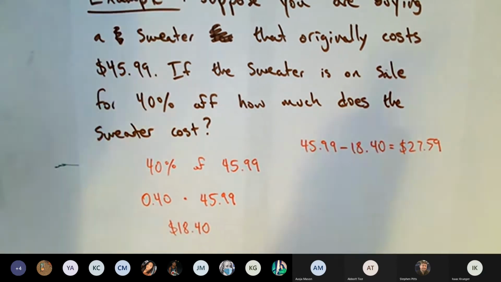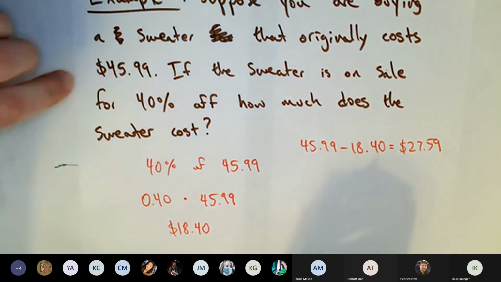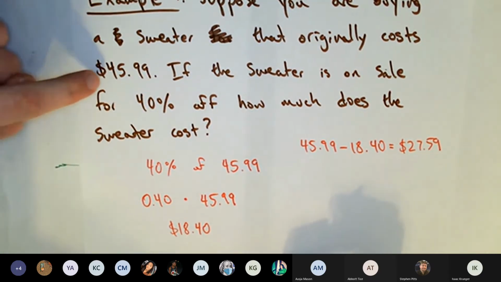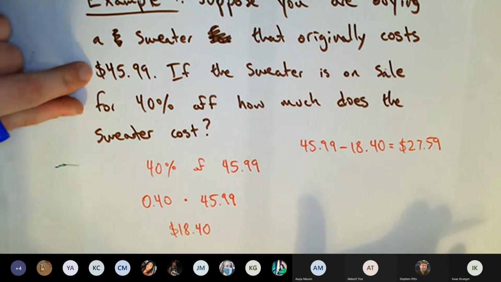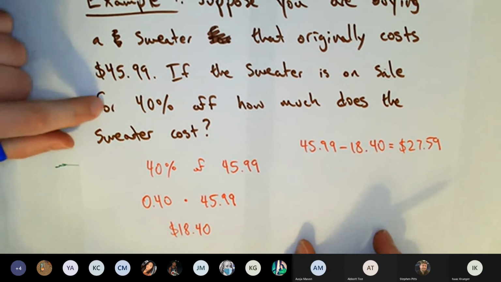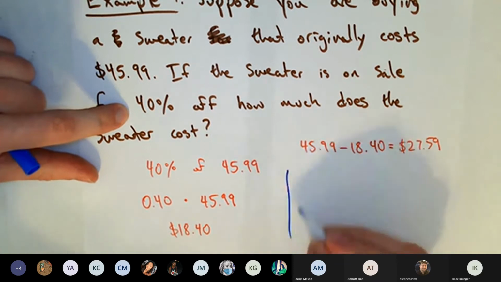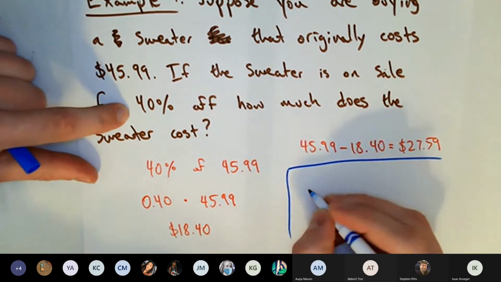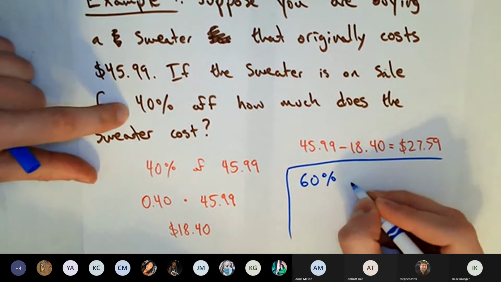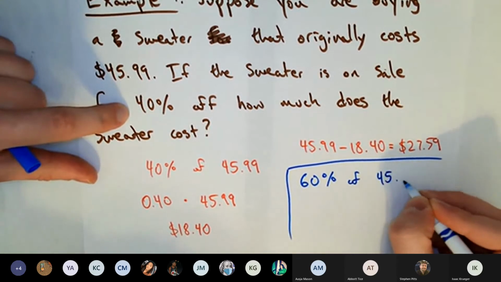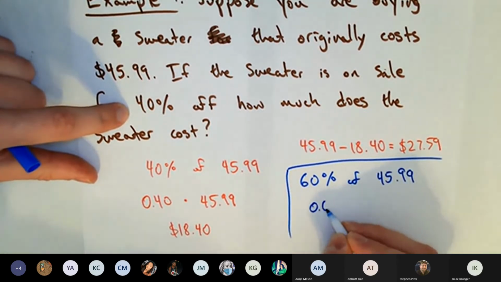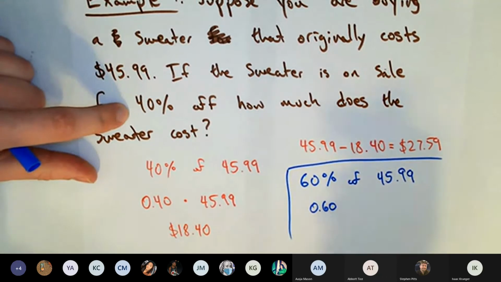Okay. Now, can I do this all at once? Yes. Because 45.99 represents 100% of the cost of the sweater, right? If the sweater is on sale for 40% off, how much are we going to pay? We're going to pay 60%, right? So I can just sum all of this up into one step and say I want 60% of 45.99, by taking 40% away from 100%.